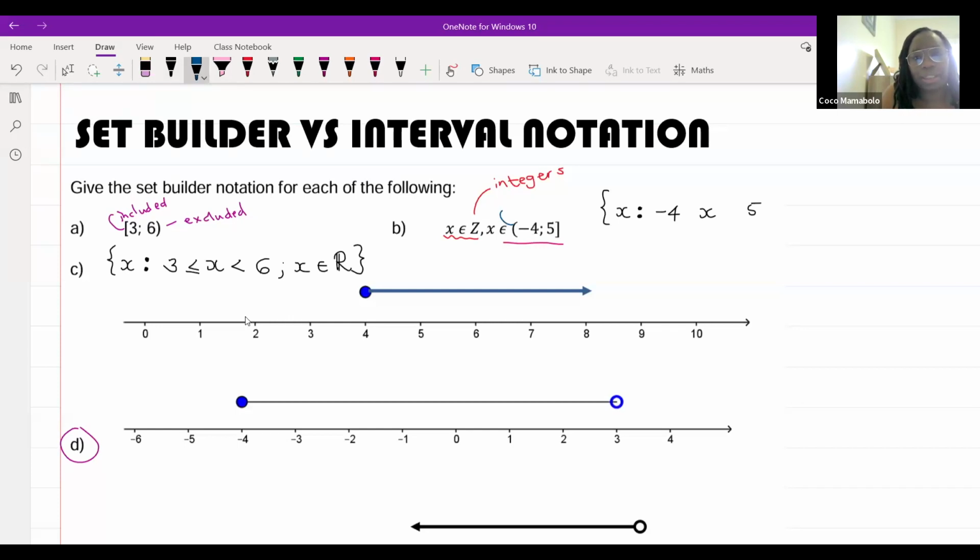That round bracket there means excluded. And the square brackets over there mean included. So at -4, I'm going to draw a line like that. And on this side, I'm going to draw less than or equal to, because it's included. And then we're going to say that x is an element of integers.